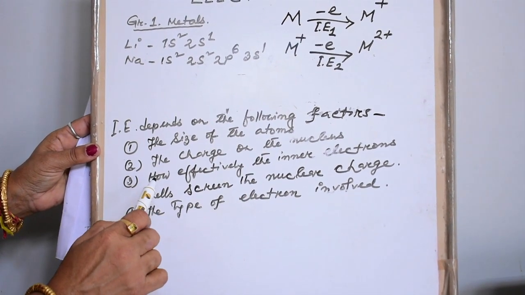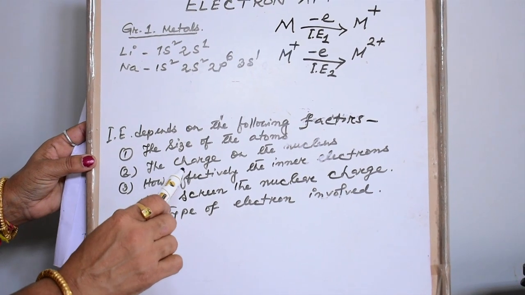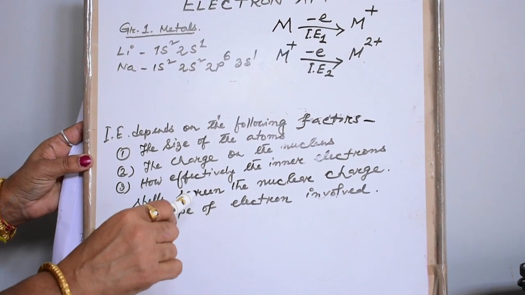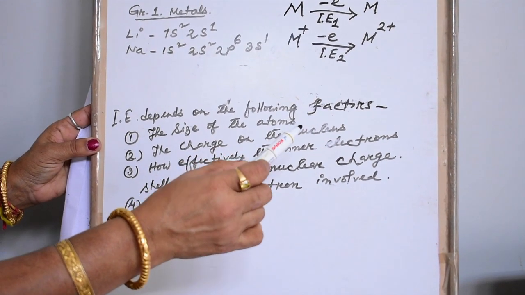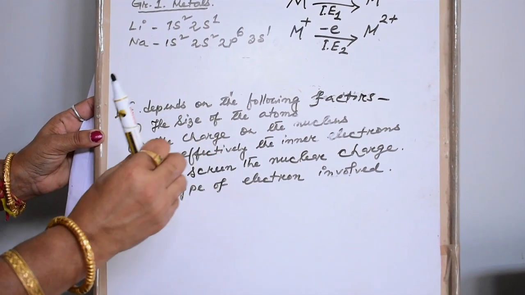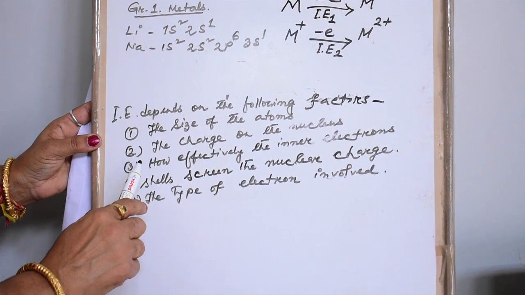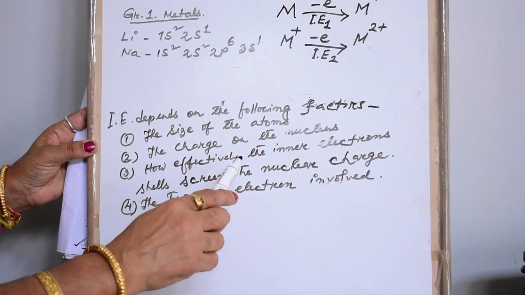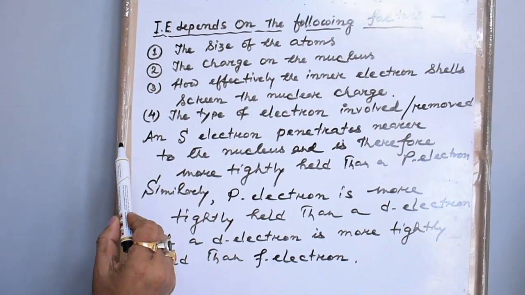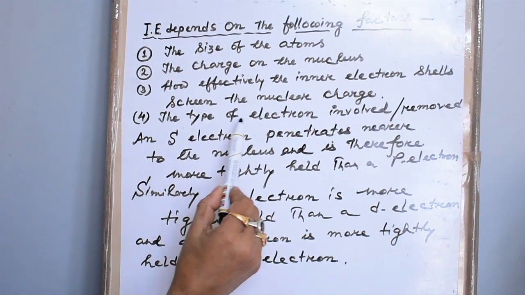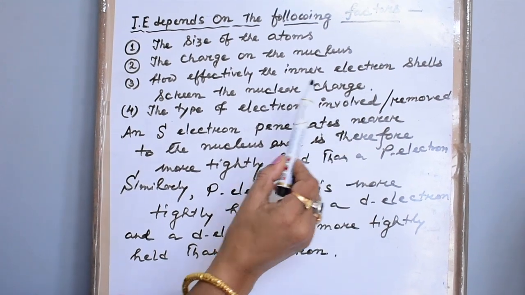If the nuclear charge is screened by the inner electrons, then the attractive force between the nuclear charge and the valence electron decreases. As a result, the ionization energy also decreases. The ionization energy also depends on the type of electron which is removed.